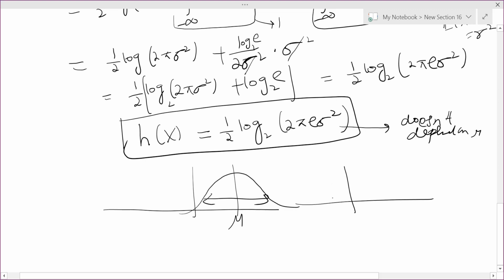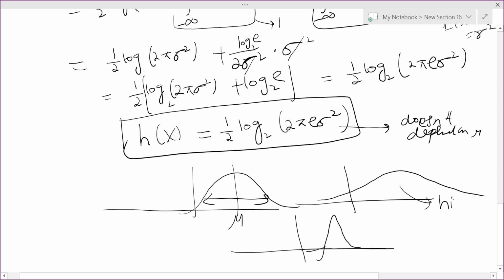If variance is very high, then your distribution looks like this. If variance is low, your distribution looks like this. High variance means high uncertainty, because it takes a large number of values. And low variance means low uncertainty, which directly affects the notion of entropy. High entropy means high uncertainty, hence high sigma square. Low entropy means low uncertainty, hence low sigma square.